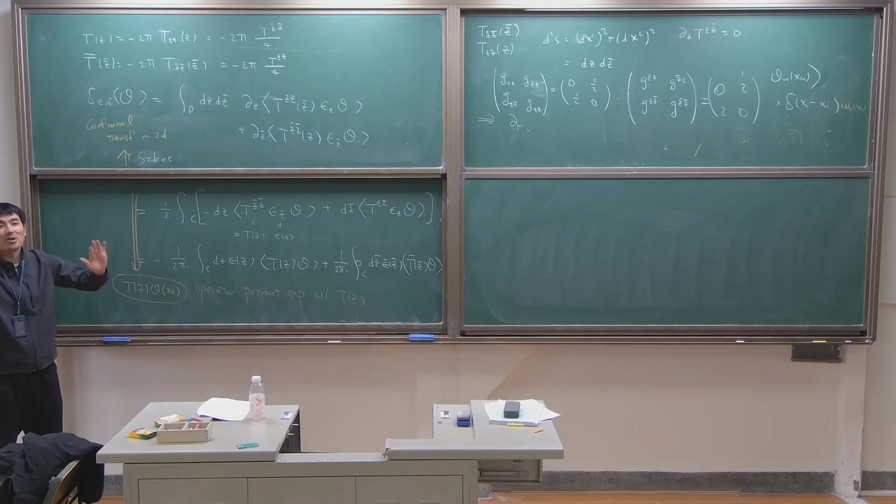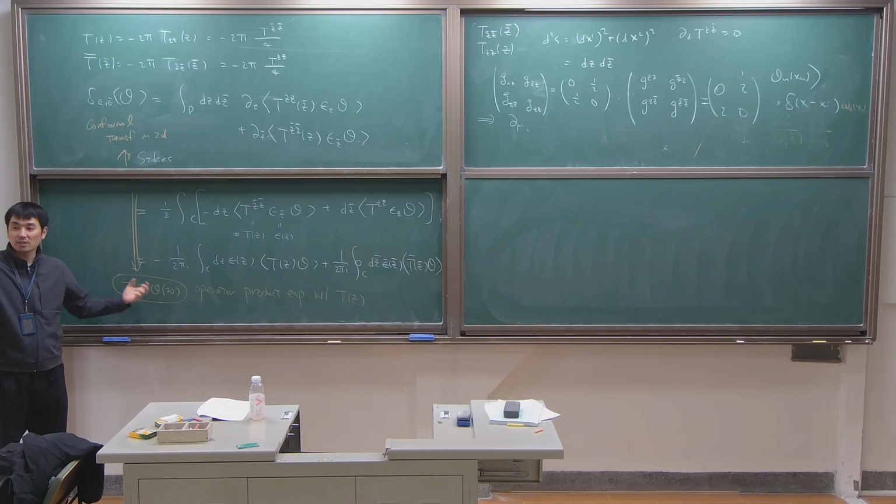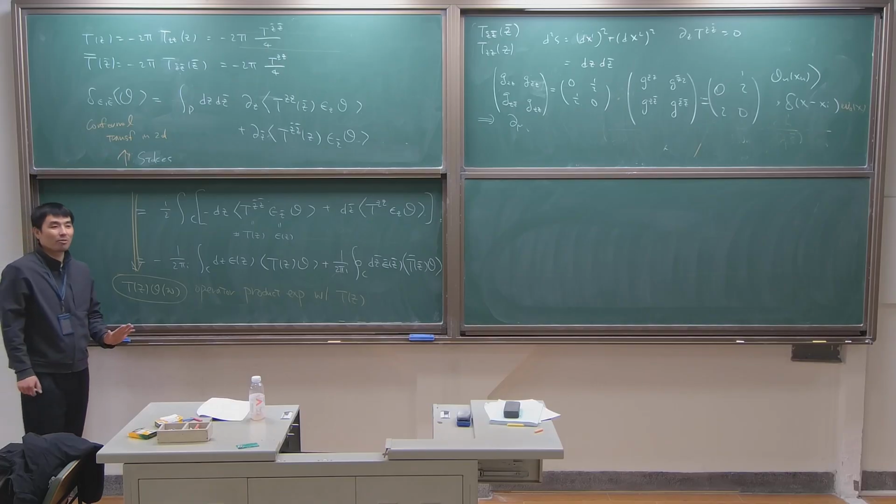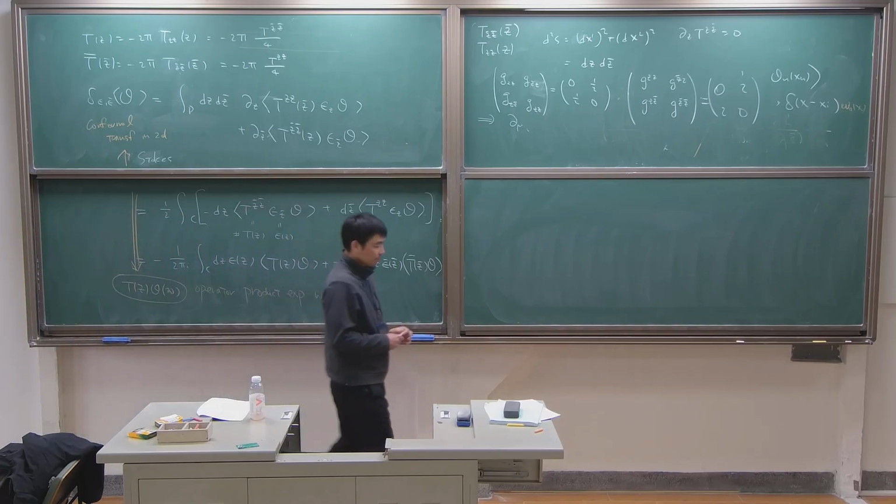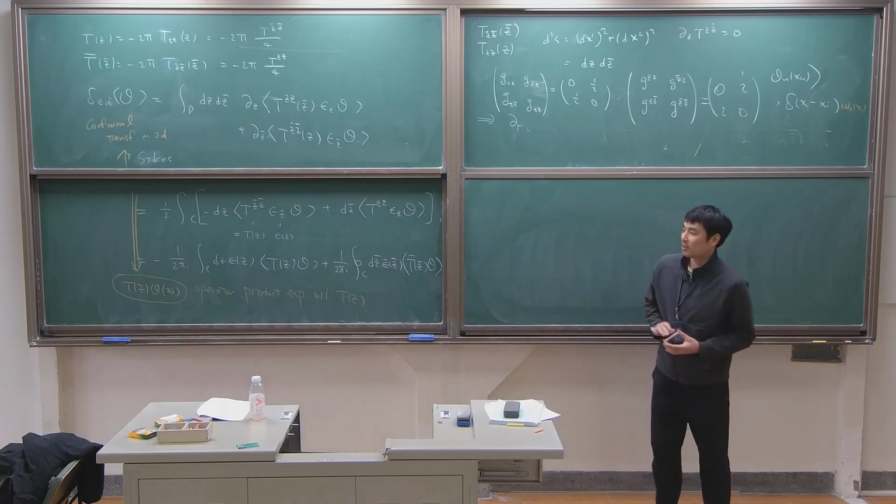In the following course we consider conformal transformation of the operator many times, which is equivalent to considering the product of the stress energy tensor and the operator. That will give you the conformal transformation. That's the main message. So this product of the stress energy tensor and the operator is very important, and it is the most important thing in conformal field theory in 2D. That's the main message I wanted to convey.